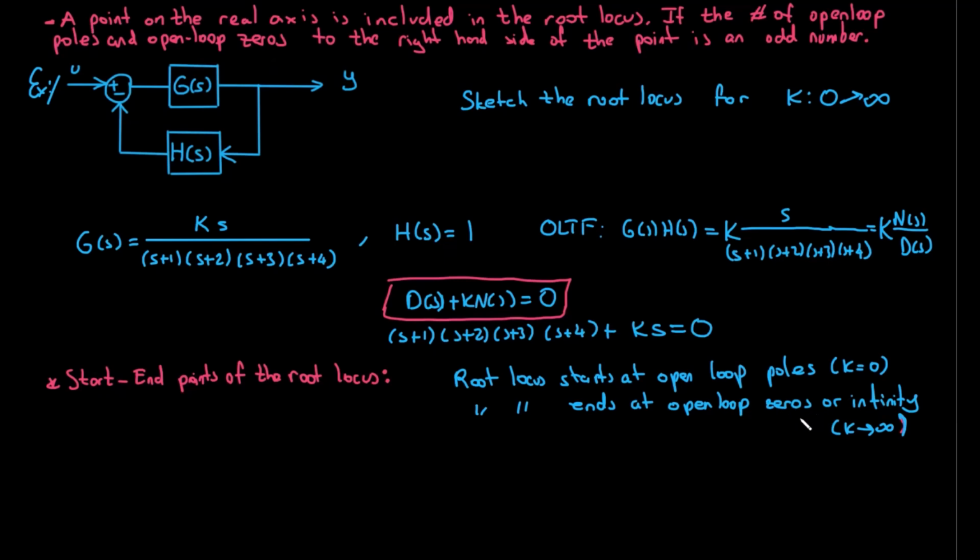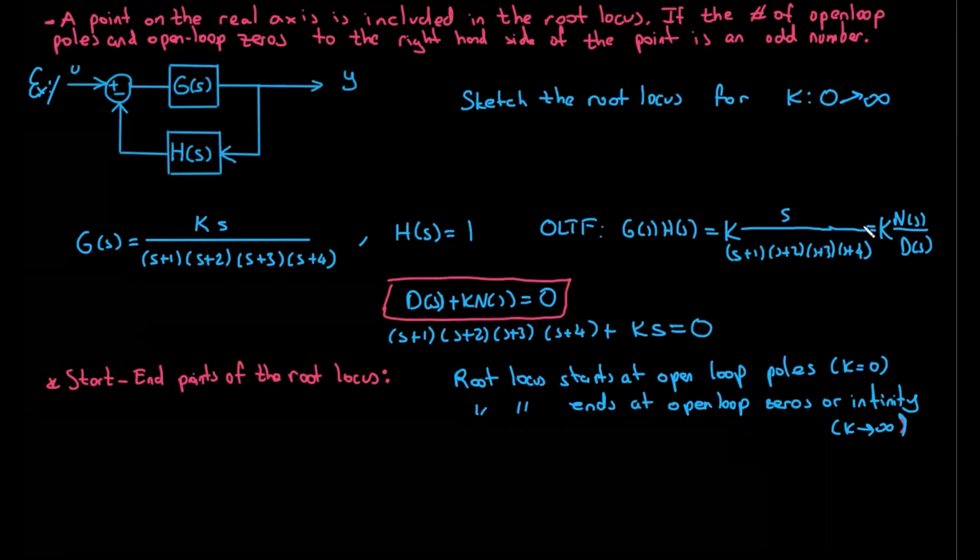Some of them also will go to infinity; we will be talking about asymptotes very soon. If there are more poles than zeros in your open loop transfer function, just like in this case, out of these 4 roots only one will go to the zeros. The remaining 3 will go to infinity. We will see that in a second.